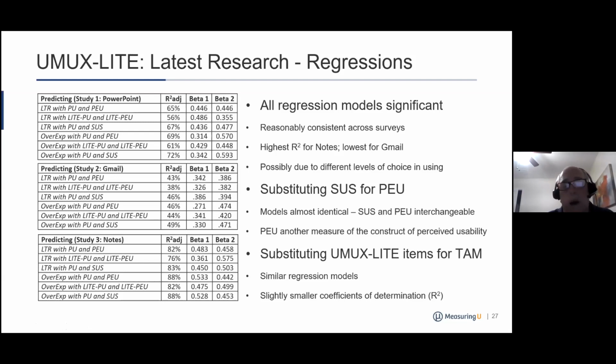And again, the models are almost identical, which says to me that SUS and perceived ease of use, at least when it comes to their relationship to likelihood to recommend or overall experience, are essentially interchangeable.